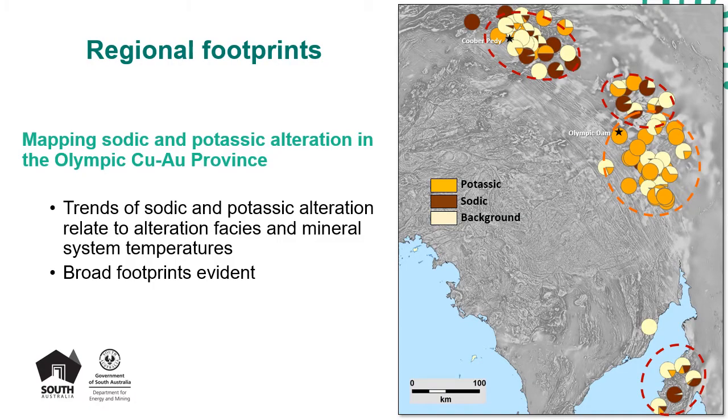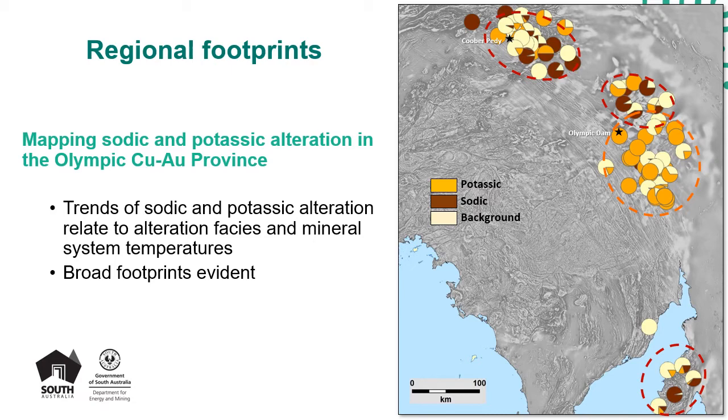Before getting into the specific geochemical characteristics, I just wanted to point out that using regional geochemical data as we have in this study and insight from the alteration facies model, we can make some broad district scale observations. What I have done here is plot the ratio of potassic to sodic alteration in pie charts for each drill hole.